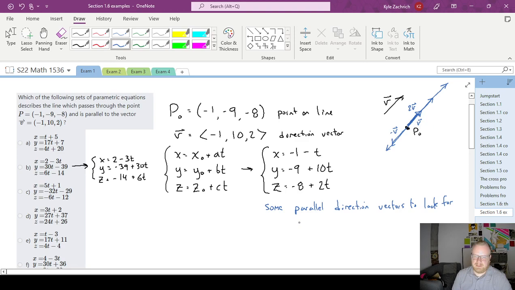So we've got negative 1, 10, 2. Maybe we can look for 1, 10, negative 2. We could look for 2, 20, negative 4. We could look for negative 3, negative 30, positive 6. All right, so these are just examples of ones we could potentially be looking for.